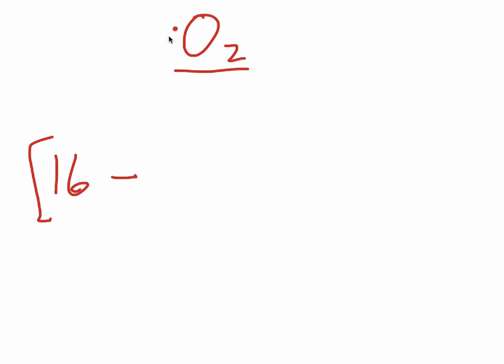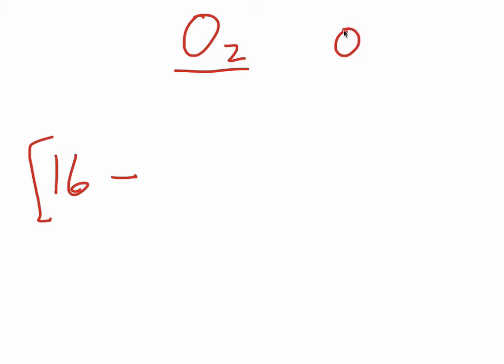So let's go ahead and do an example. A super simple one first: oxygen, O2. So total number of octet electrons. There's no exception in oxygen, so that's 8 times 2, which is 16 octet electrons, minus valence electrons.